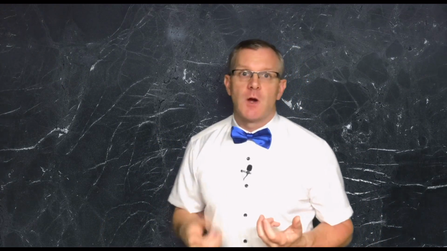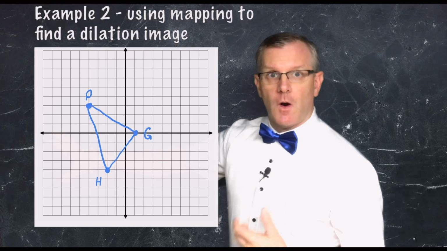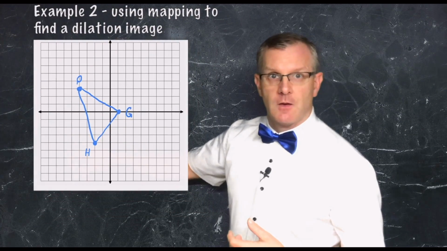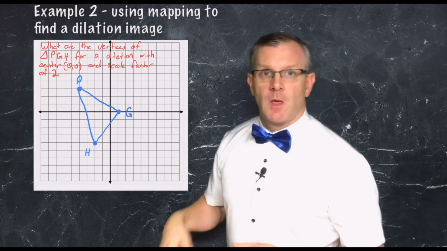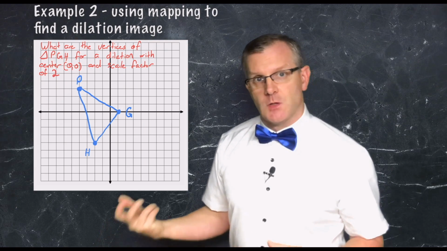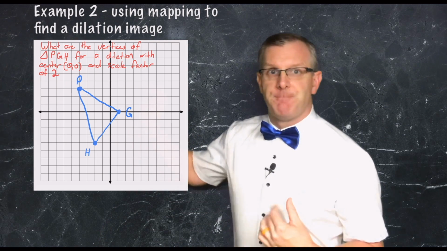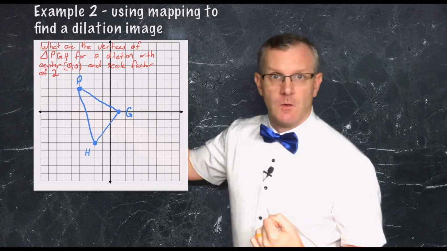We're given our pre-image, triangle PGH, and we're going to multiply by the scale factor of 2.